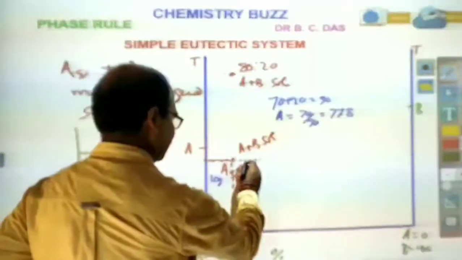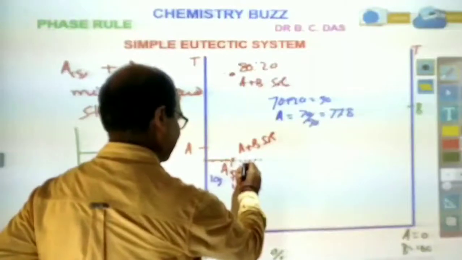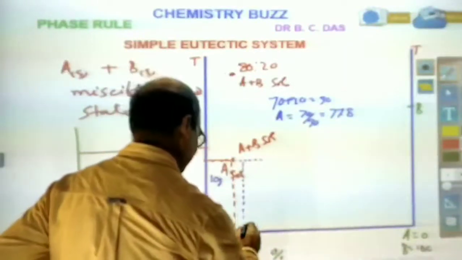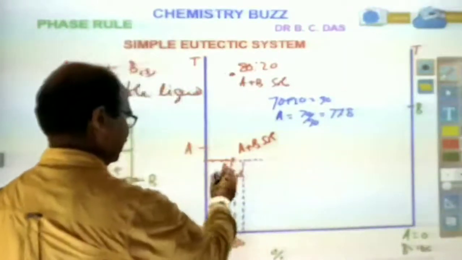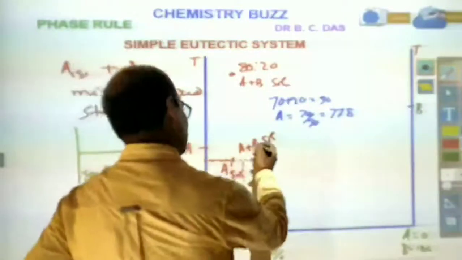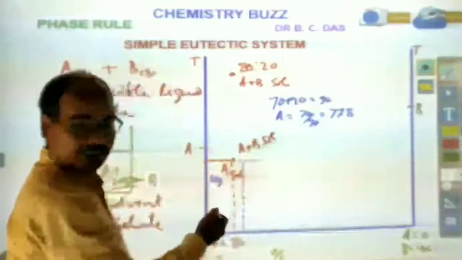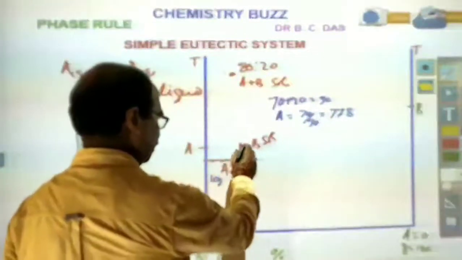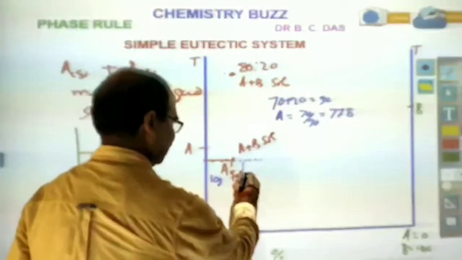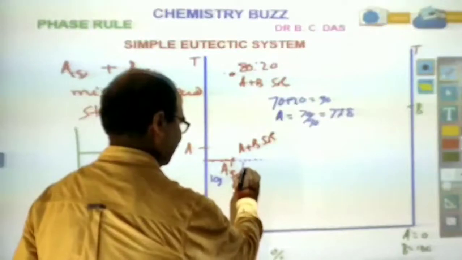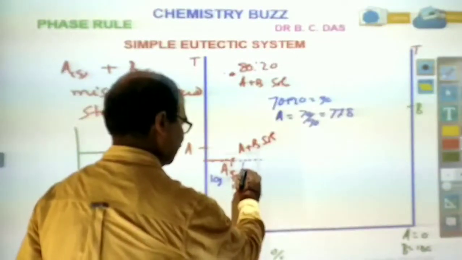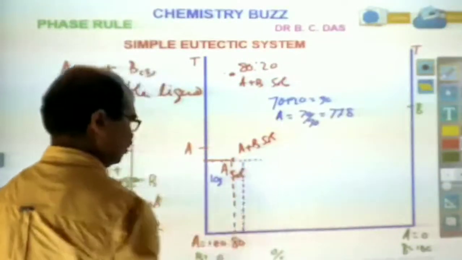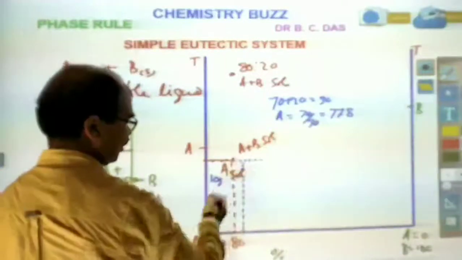So this is the composition of the solution now at this temperature, and further if we cool it, then it will be solidified. Separation of A will start at a lower temperature.